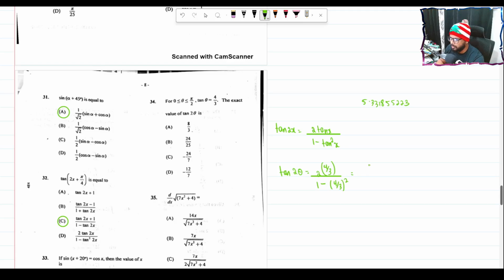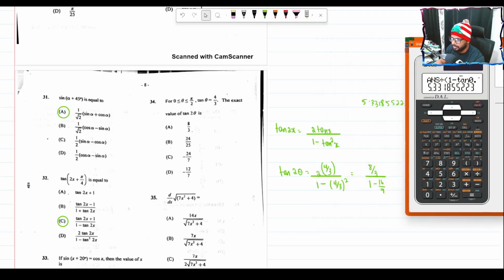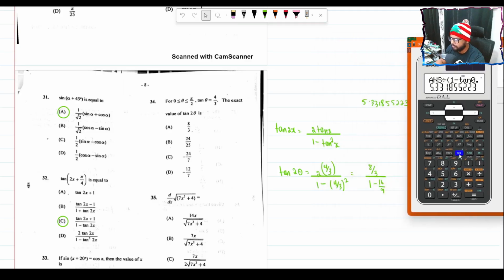This is going to be 8 over 3 divided by 1 take away 16 over 9. We get a calculator. I am anticipating a negative number. 8 over 3 divided by 1 take away 16 on 9 equals minus 24 on 7. The answer is C.